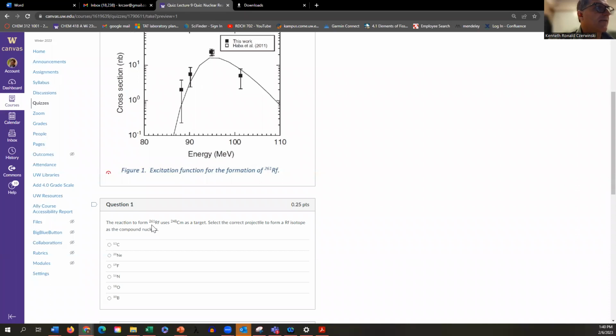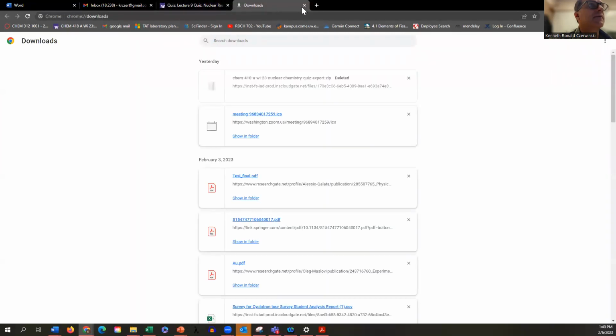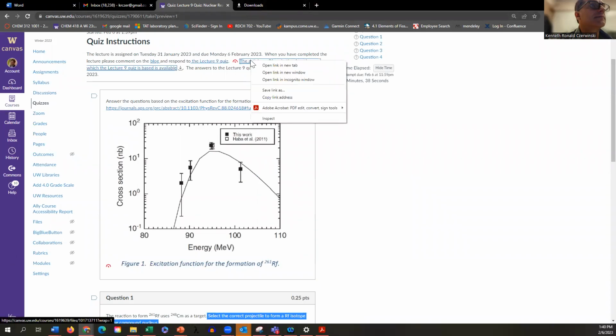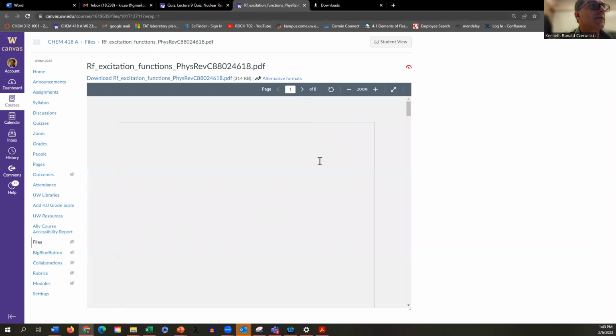So the reaction to form rutherfordium from curium uses curium as a target. Select the correct projectile to form a rutherfordium isotope. Well, if we go to the article, let me see if I didn't download the article. This way we can open it up in a new tab.